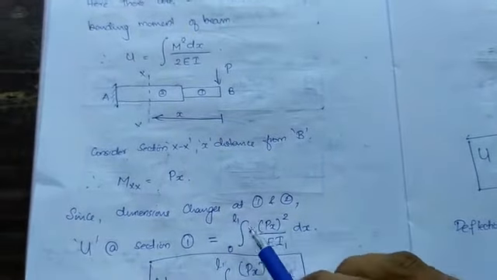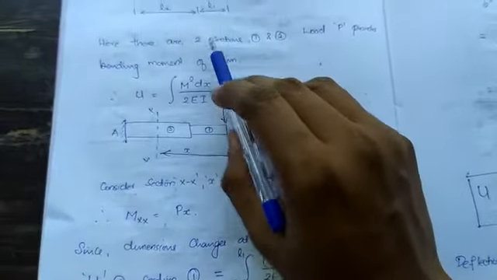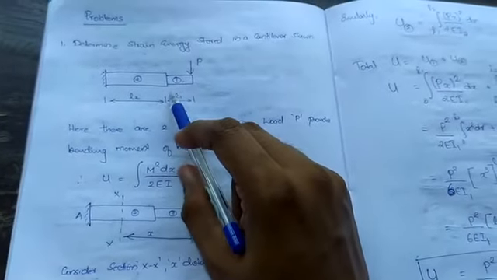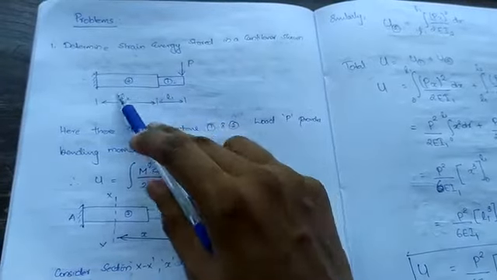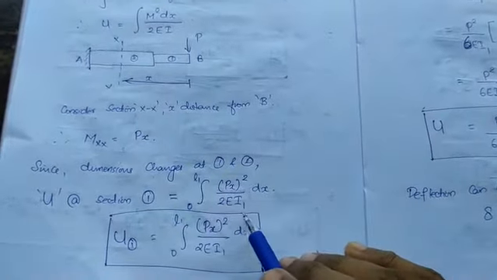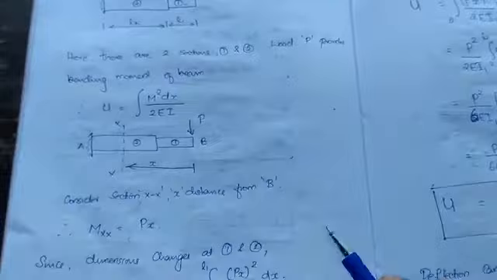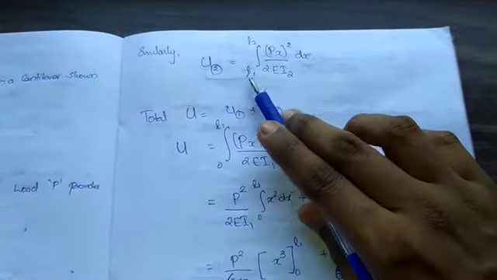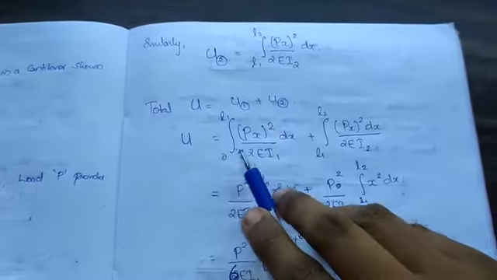So this will be Px the whole square, only the limit changes: 0 to L1 for the first section, and from L1 to L2 for the second section. So Px the whole square by 2EI1 into dx. Similarly I1 also changes, and here it becomes I2. Clear?